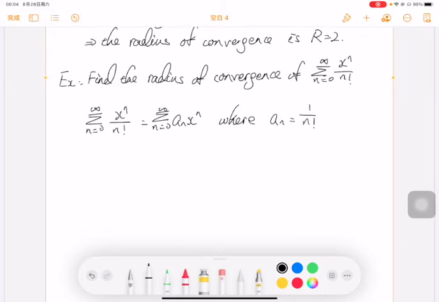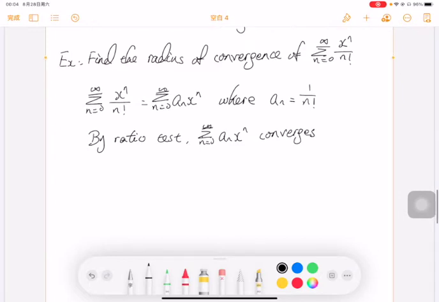And once again, using the ratio test, the series of a(n) times x to the n converges when the limit of n go to infinity of a(n plus 1) times x to the n plus 1 divided by a(n) times x to the n is smaller than 1, and diverges when it is larger.